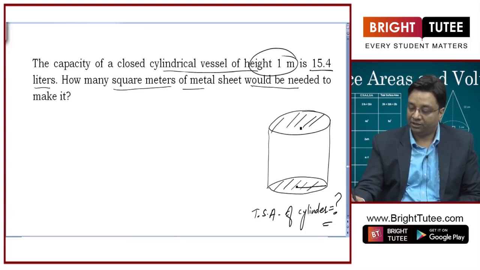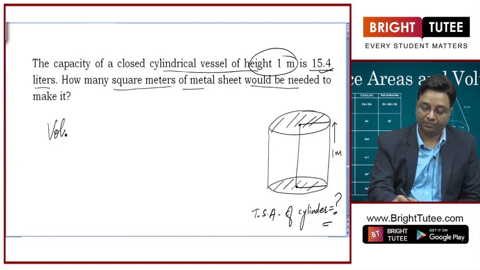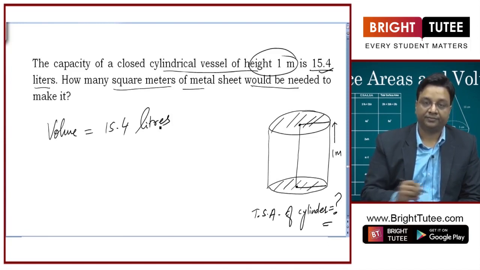And what is given in this question? Height is given as 1 meter and volume is given. So volume is equal to 15.4 liters.